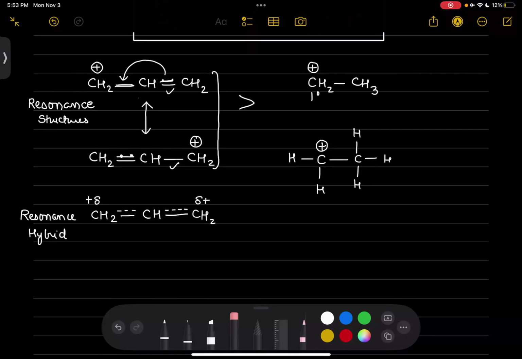The first cation was getting electrons from the nearby pi bond. Can this one get electrons like that from pi electrons? There is no pi electron, there are only sigma bonds. So no resonance. It is not resonance stabilized.